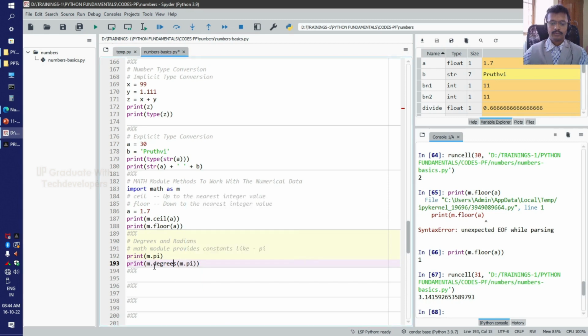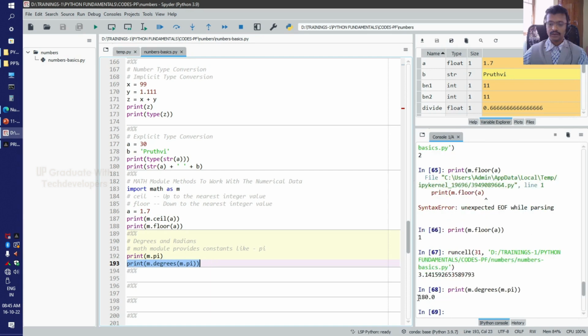This degrees function will convert the angles in radians into degrees. So m dot pi, this pi is in radians, so we are converting it into degrees. Let us see what happens. So we got 180. Yes, obviously pi is nothing but 180 in mathematics.